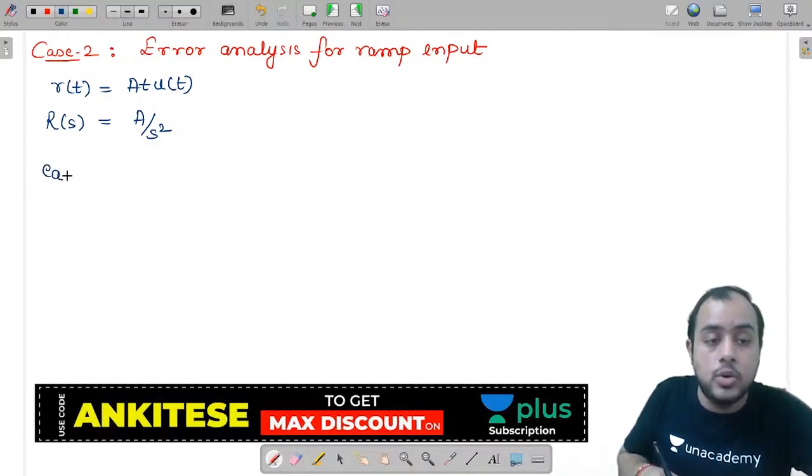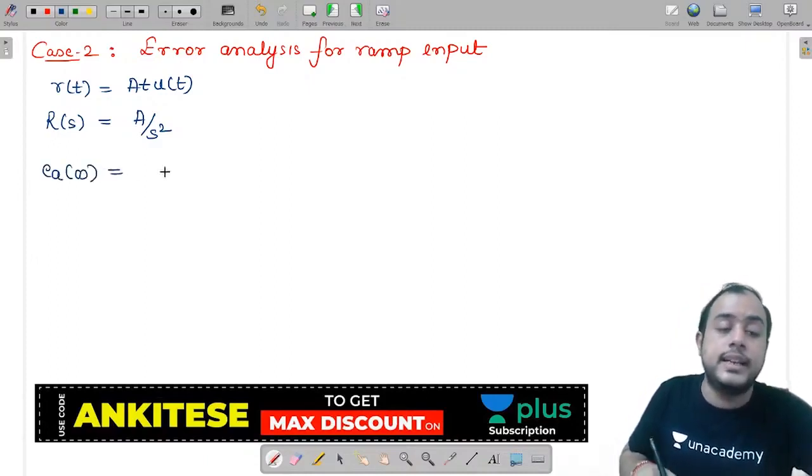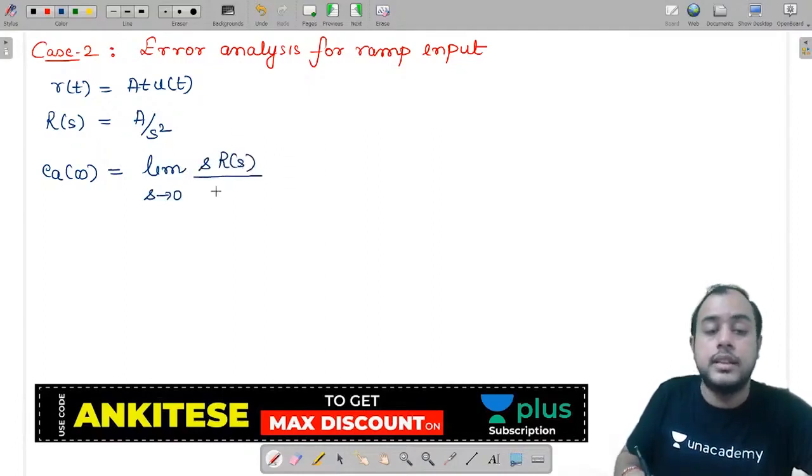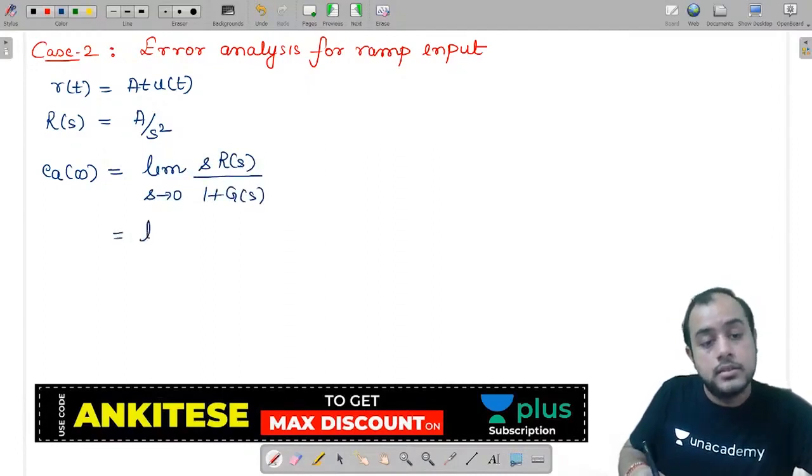Now when you calculate the steady state error, this was the expression.